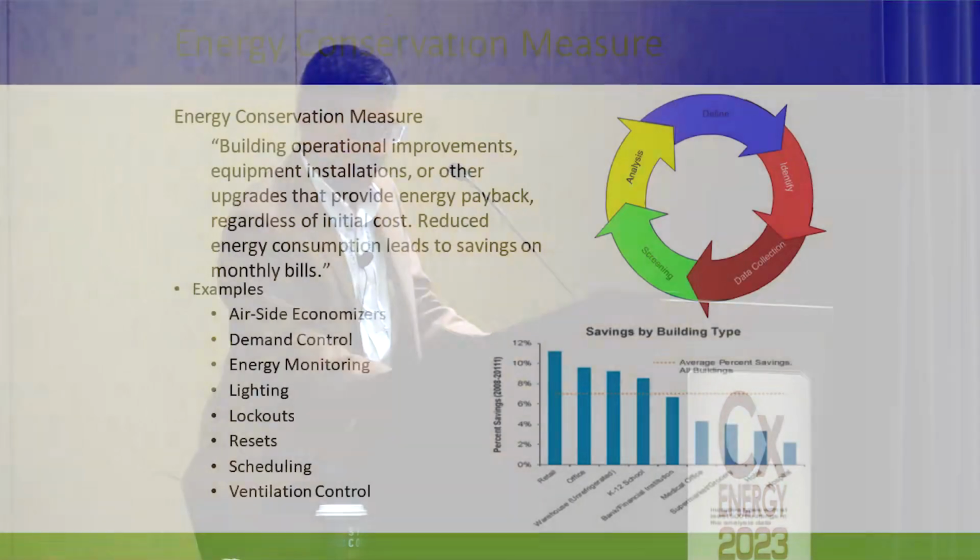So you need to bring the whole team together: the owner, the commissioning agent, sometimes the architect, designer. On new construction it could be the LEED AP, facility managers, controls contractors, O&M, all the folks, to come in and understand what the user wants and be able to do this.